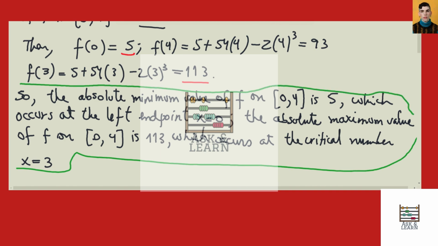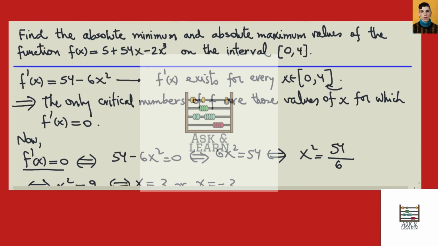It's very important to remark then that we used first the fact that a continuous function on a closed interval attains its extreme values, that is, it has an absolute maximum value and an absolute minimum value over that interval. And in fact, those extreme values are attained at either the endpoints of the interval or at critical numbers.